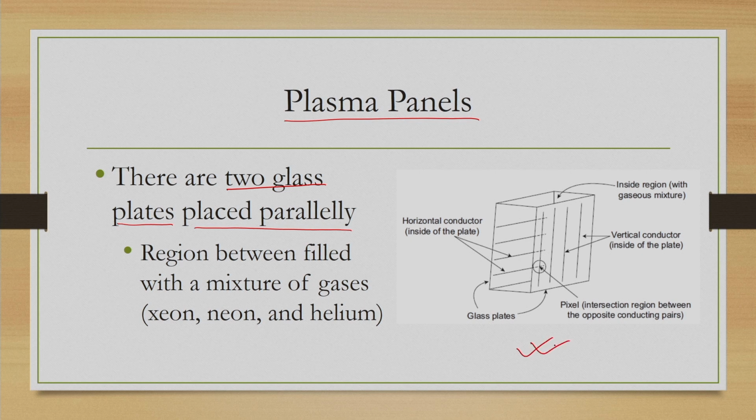The region in between is filled with a mixture of gases. These are xenon, neon and helium. So, this is the inside region between the two parallel glass plates, which is filled with gases.